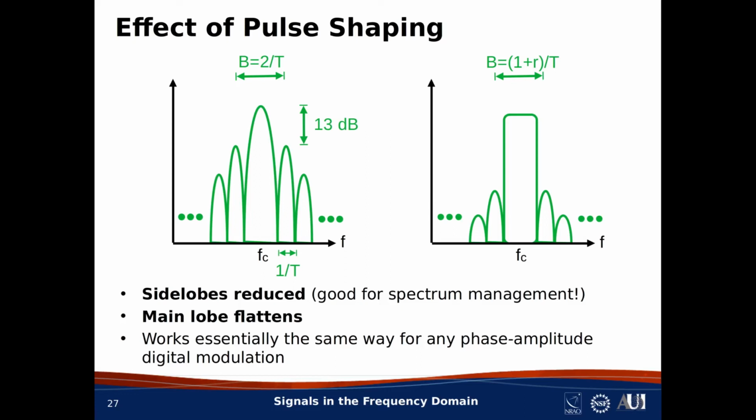This is the hallmark of pulse shaping. When you see a flattened main lobe, you can bet that you're looking at a phase amplitude digital modulation with pulse shaping. And even though we started talking about this in the context of BPSK, keep in mind that this applies to any phase amplitude digital modulation, up to and including all the various quadrature amplitude modulations having any number of symbols.